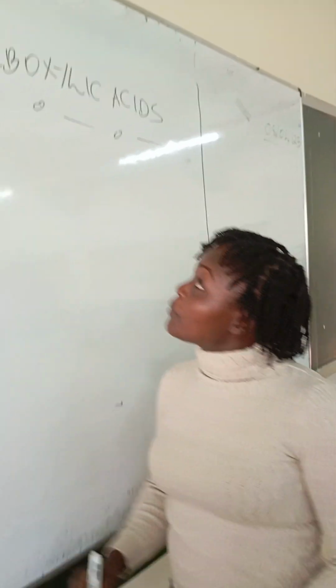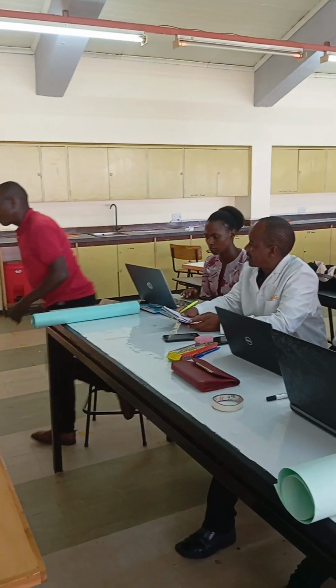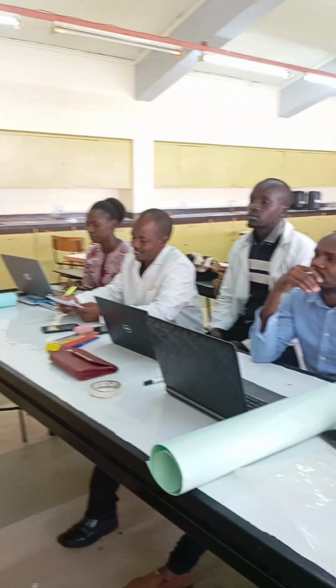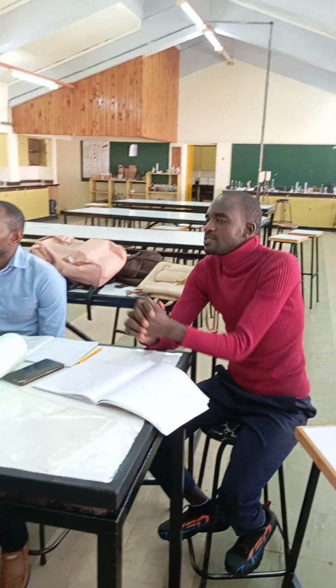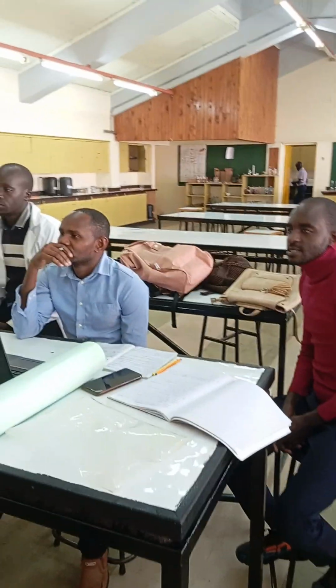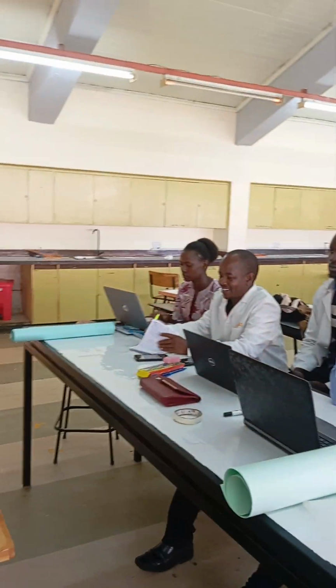Before we learn about carboxylic acid, our last topic was alcohols. Among the reactions that we did of alcohols, we said that you can oxidize alcohols to form carboxylic acid.